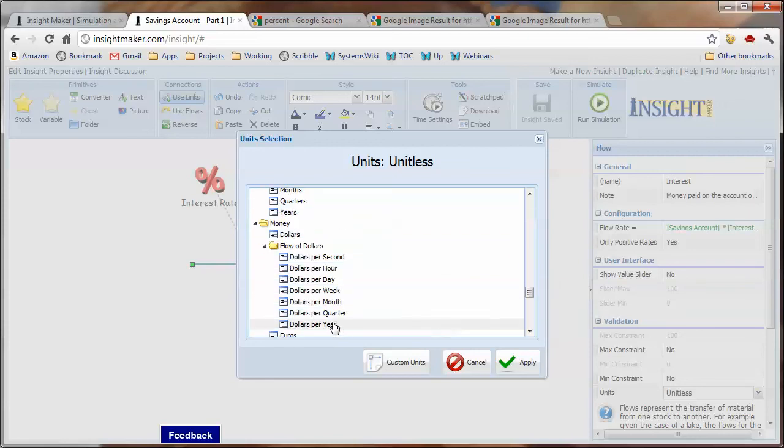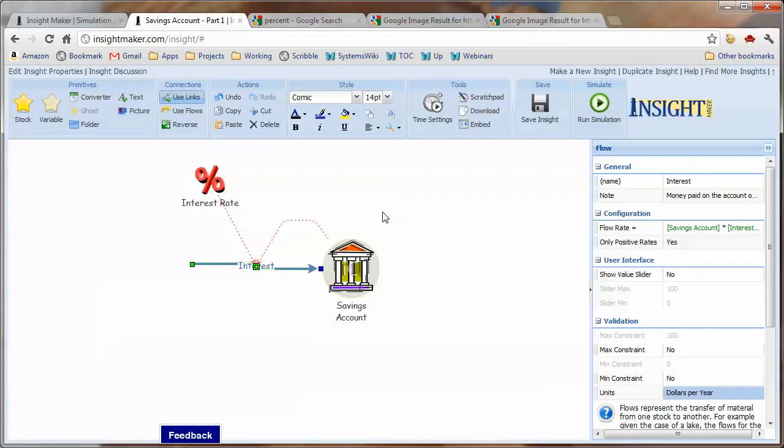Though we're back to the same thing that we had before in terms of units: undefined multiplied by dollars simply provides dollars, but interest is in a dollars per year unit, so we need to get the units to come out right.